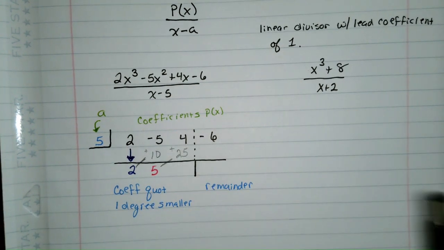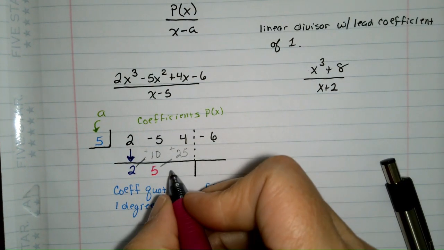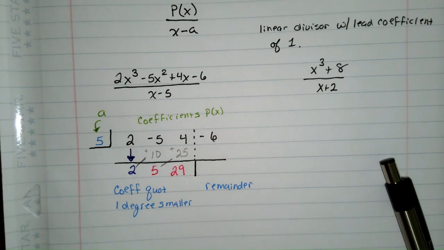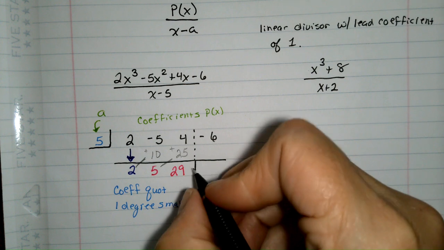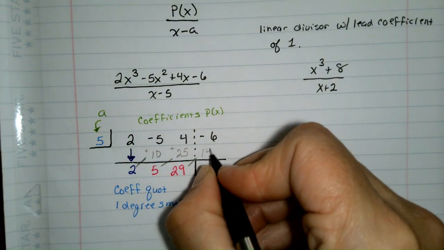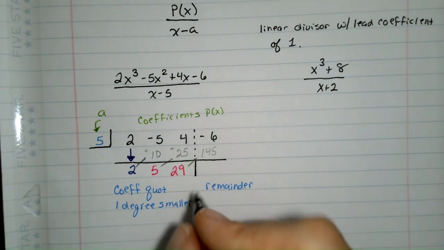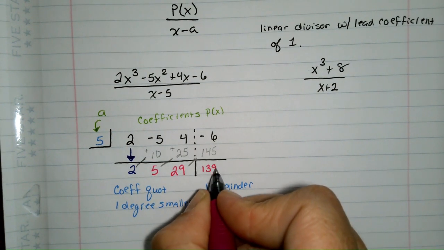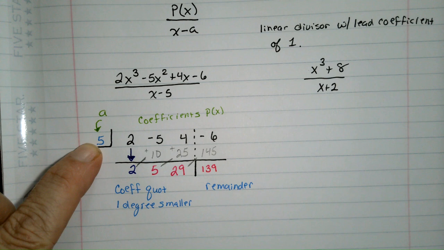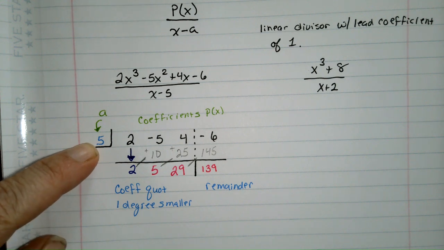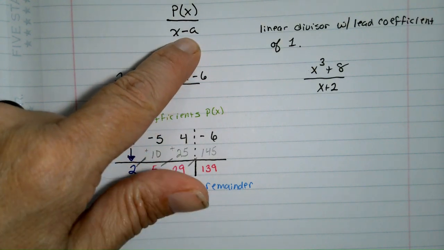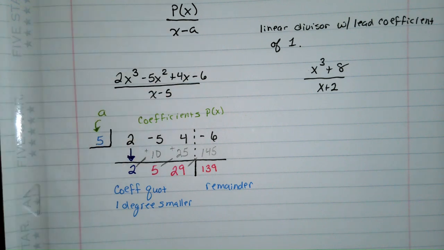Then you add. 29. And then 5 times 29 is 145. And then you add, and you get 139. And again, we multiply by that blue 5 each time, by that a value. Why a? Because that's the letter I used.